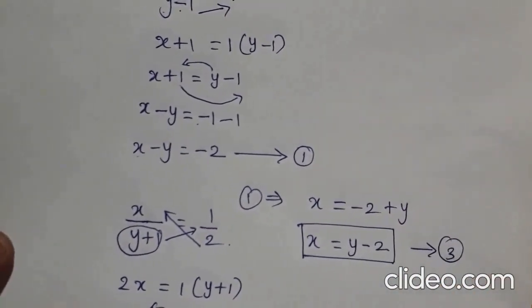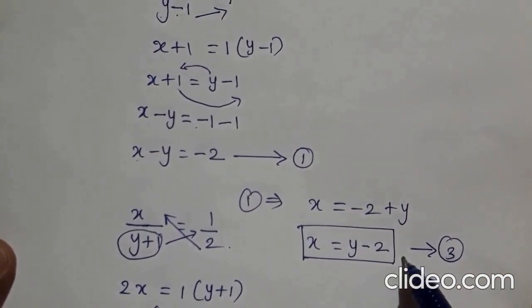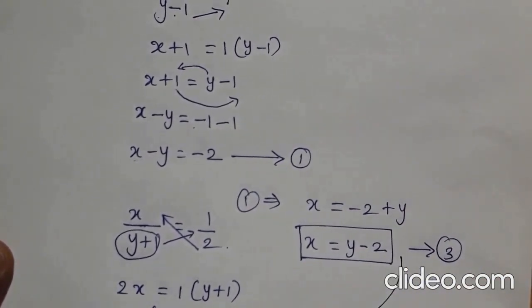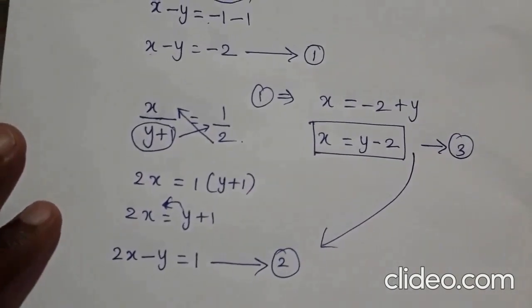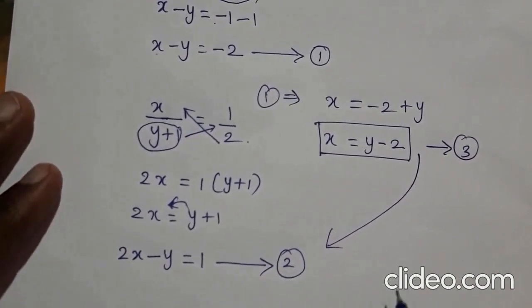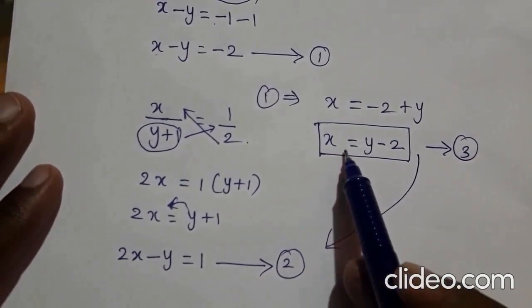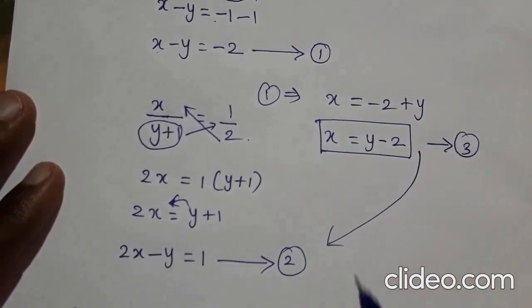So what is the next step we are going to do now? Equation 3 we should substitute in equation 2. That's what we do in the substitution method. So equation 3, that is x is equal to y minus 2, I am substituting in equation 2.